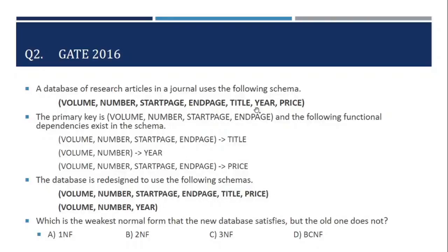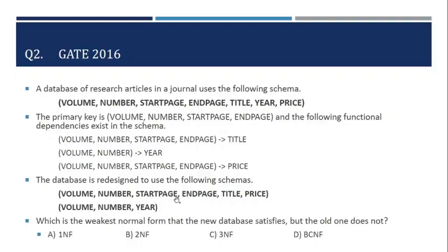So this year is separated from this table, and for volume, number, and year we have created a separate table, and for the first table we have removed year from it. So this is the revised schema, and the same three functional dependencies should also hold in these two relations put together. These functional dependencies should also hold.